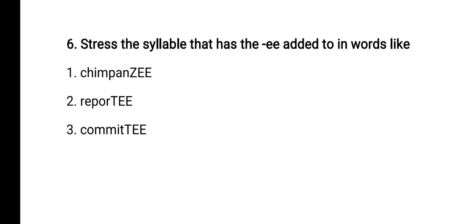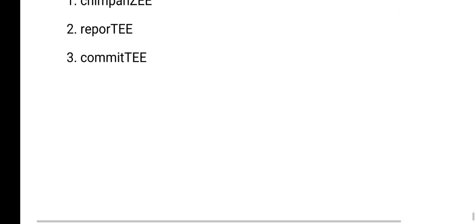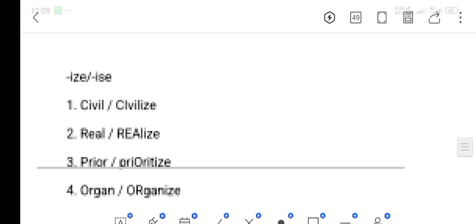Apart from those two, do stress the ee in other words, as in chimpanzee, reportee, committee. You get it rightly? I know you got it rightly. So that's all for the rules for syllabic stress.